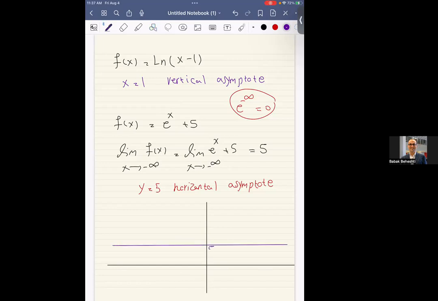This is a horizontal asymptote. And the function f approaches this line as x goes to negative infinity. So the graph is something like this. Or you can say you just do a vertical translation of 5 units upward.